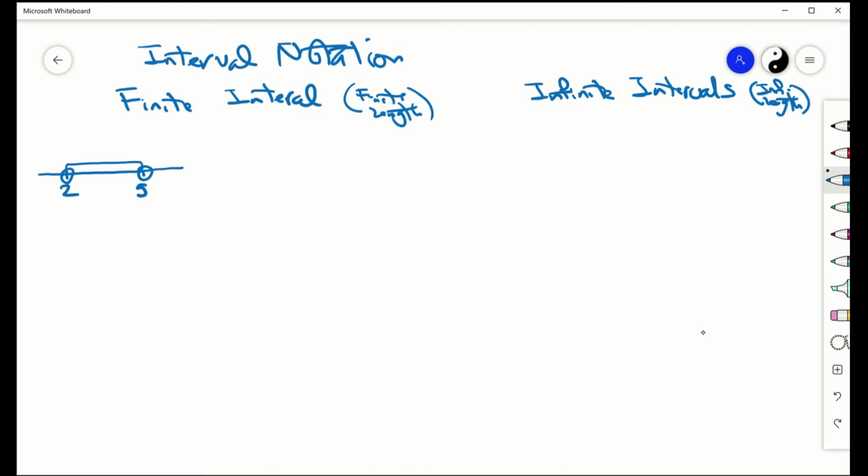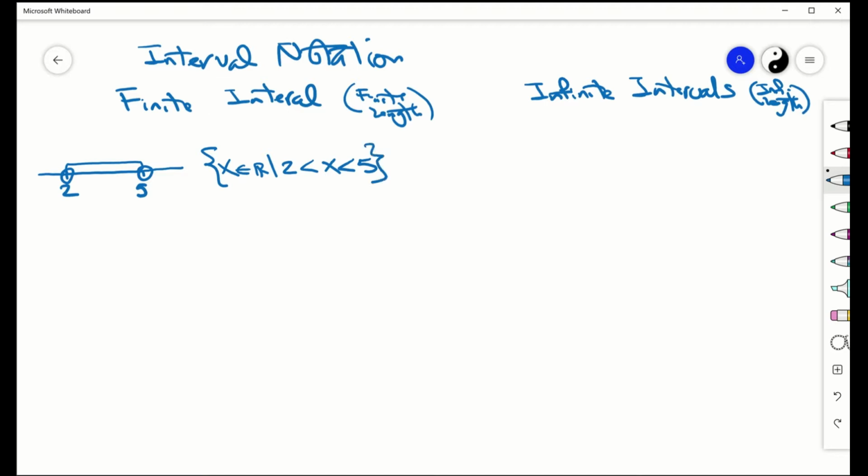And notice that that interval can be described using set builder notation as all x belonging to R, such that x, this is kind of the sandwich notation, x is sandwiched between 2 and 5. In other words, x is greater than 2 but simultaneously less than 5, right? The technical way of saying that is all real numbers x between 2 and 5.